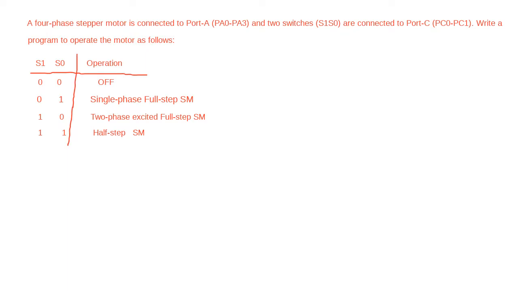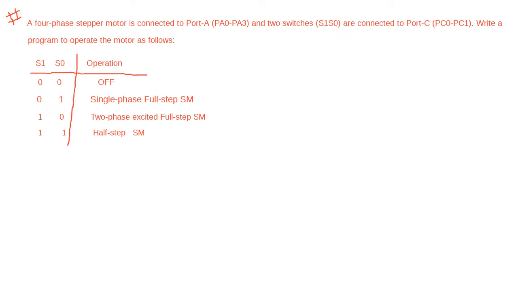Okay, so look here. Here we can discuss a case where a four-phase stepper motor is connected to port A, and which bits are used? It is written here, PA0 to PA3, because it is four-phase. So the other four bits are definitely unused, and two switches S1 and S0 are connected to port C, PC0 and PC1.